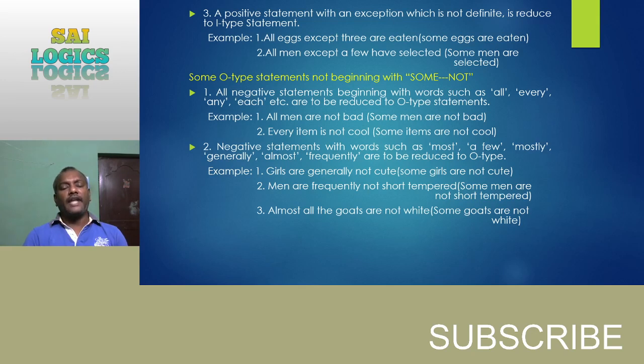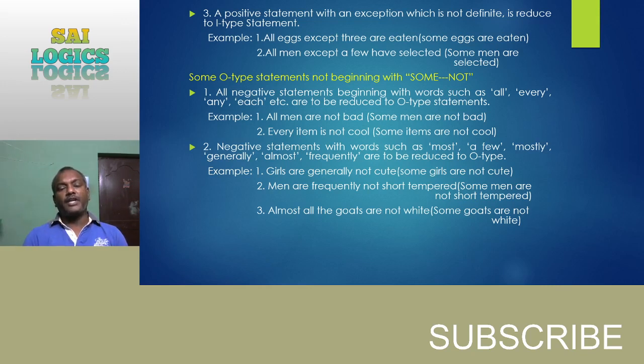Number 2, negative statements with words such as most, a few, mostly, generally, almost, frequently are to be reduced to O type. So this is just opposite to I type. In I type we have discussed positive statements with most, a few, mostly, etc. Now here it is negative statements with most, a few, mostly, generally.